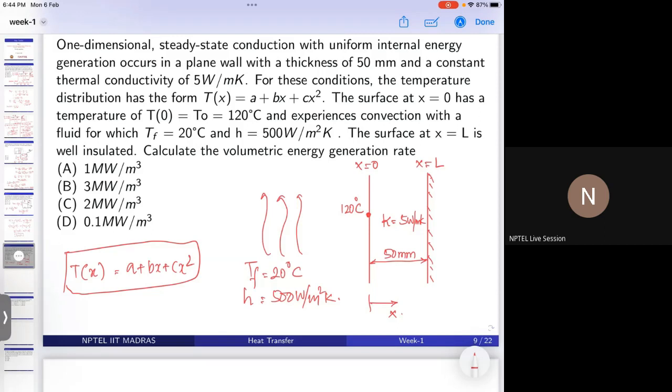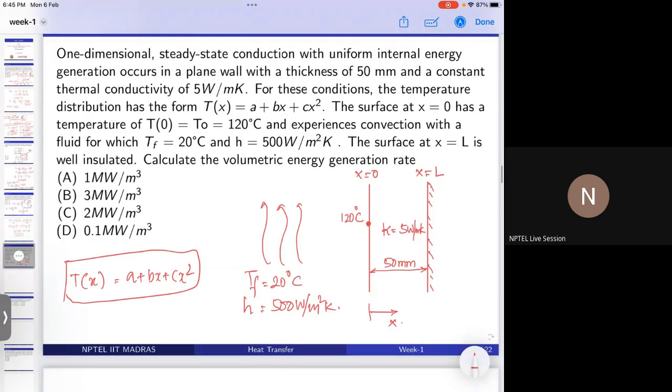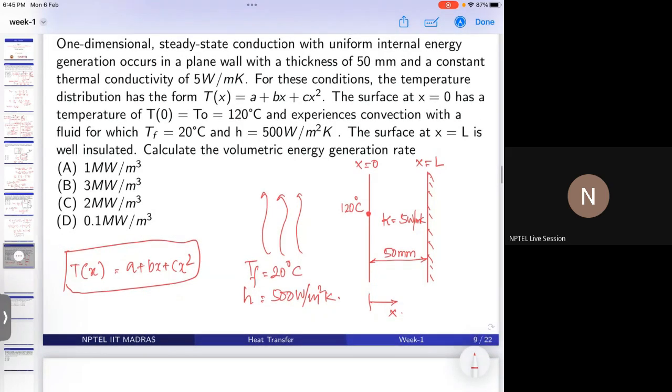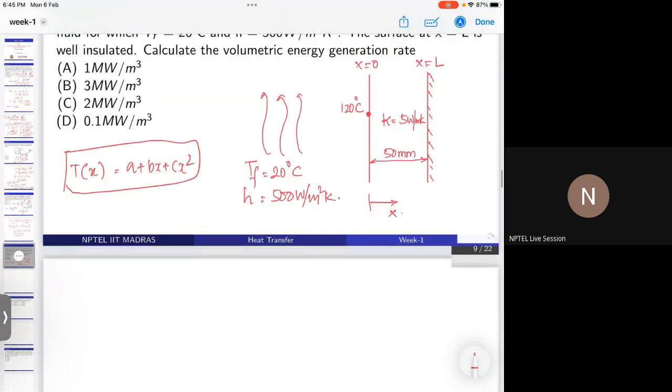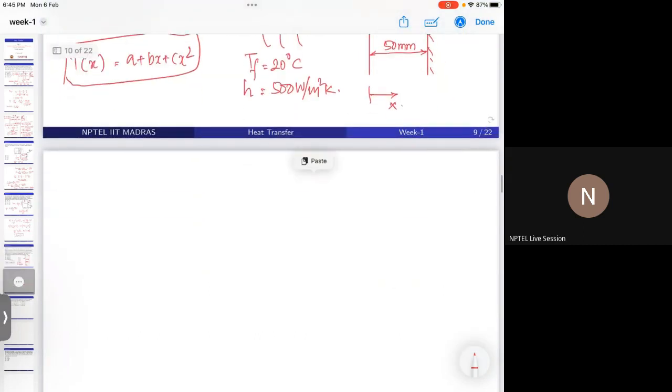Okay, I will also start with you. First we have to write the one-dimensional steady state conduction equation with uniform heat generation. It's always better not to learn this by heart.